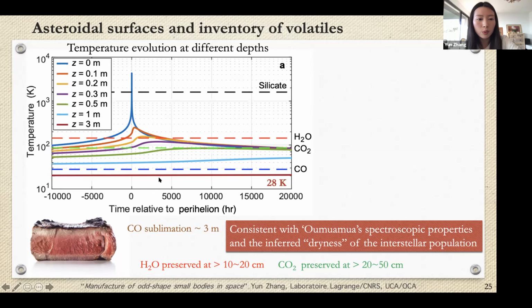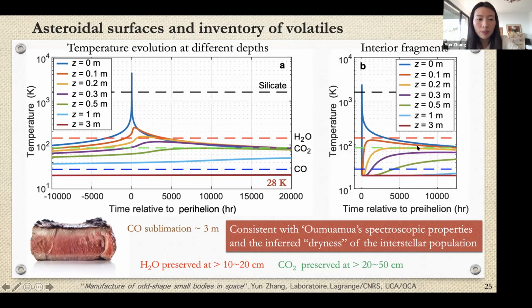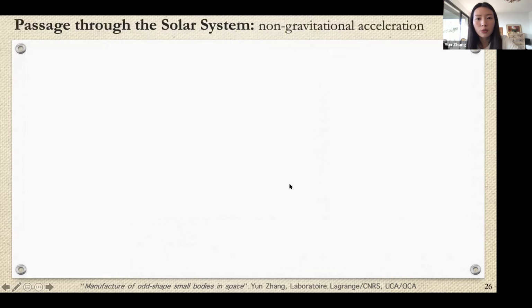If Oumuamua is one of the fragments that originated from the parent body's interior, most of its surface area would be exposed to the star only after the tidal disruption. In that case, less heat will be transferred to its interior, and more volatiles can be preserved at a shallower depth.